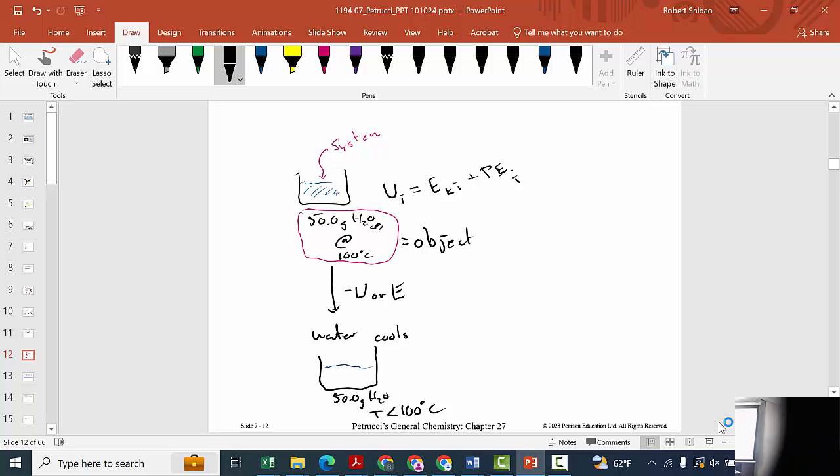And then we go down here to U final. Our total energy final will be equal to the kinetic energy final plus the potential energy final.